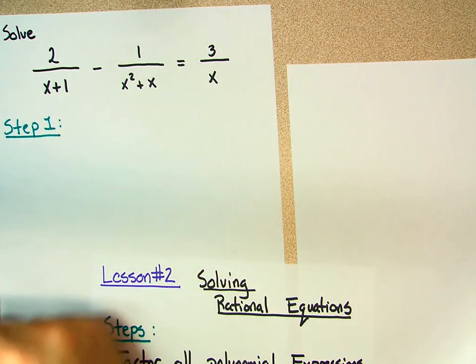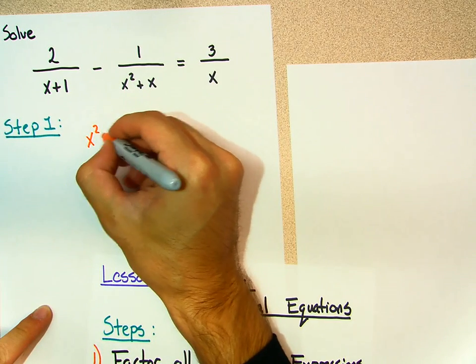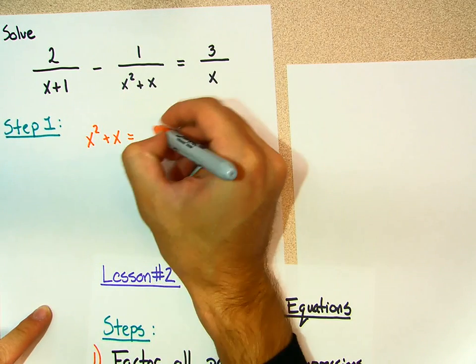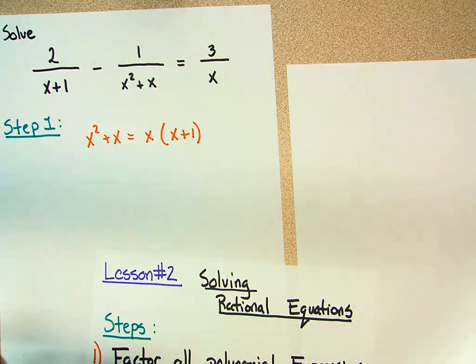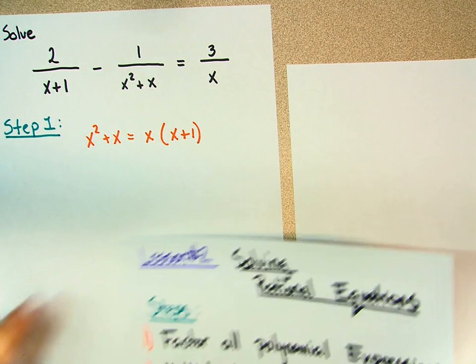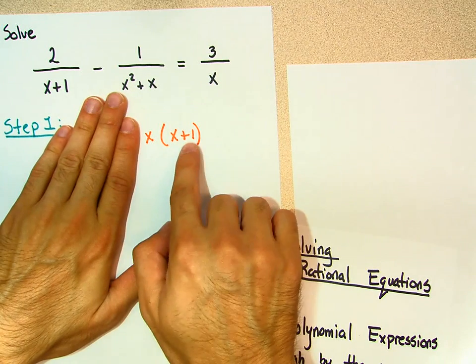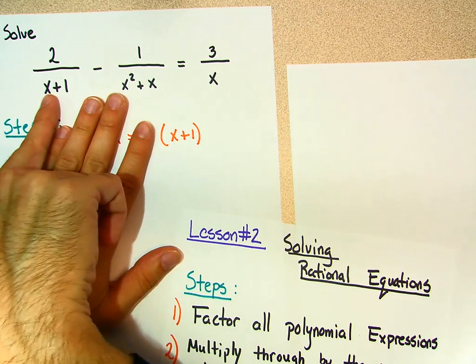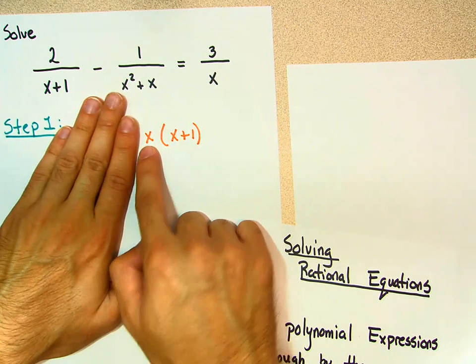To factor this, x squared plus x is really just x times x plus 1. And what do you want to do with this x times x plus 1? You see here, this has an x plus 1, but it's missing a what? It's missing an x.